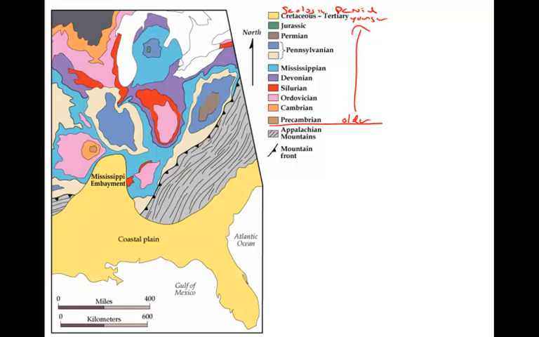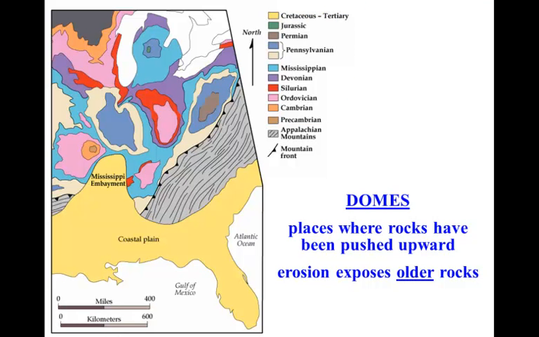We can look at the relative ages of rock units to infer the type of geologic structure shown in any particular part of the map. For example, what would a dome look like on the map?